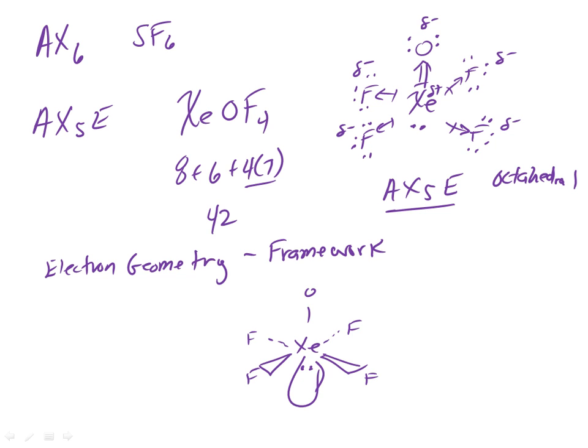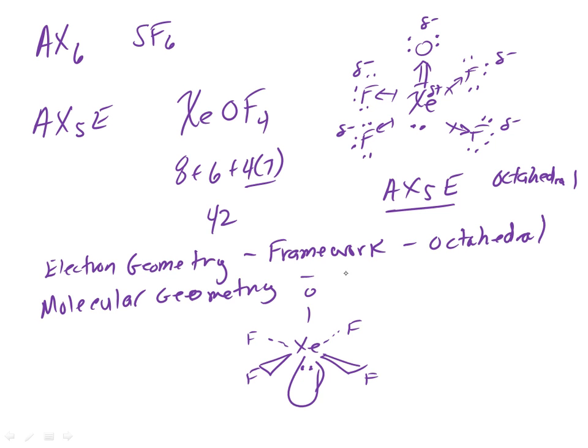All right. So the electron geometry is octahedral, but the molecular geometry is what we see with the bonding pairs. So the molecular geometry is called square planar.